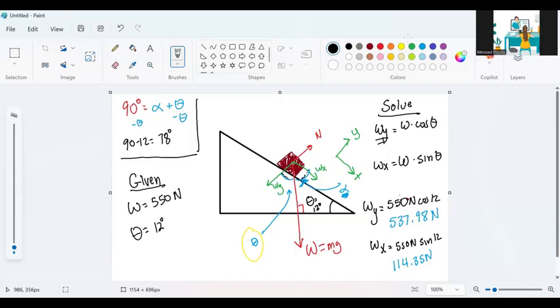So we're going to use significant digits and round to 2 significant digits. So this answer should be 540 newtons, and the other one should be 110 newtons. And that's how you find the components, and that's how you draw the diagram.